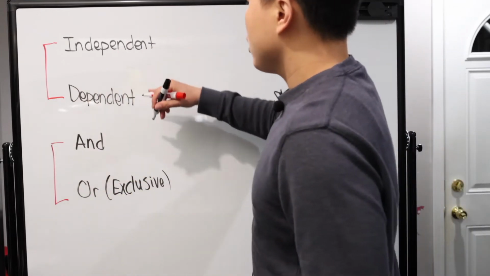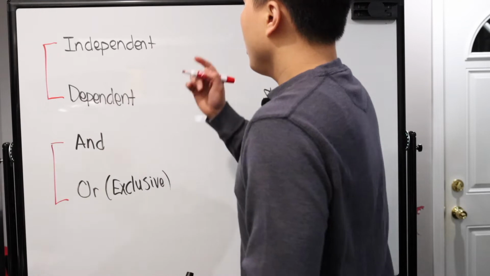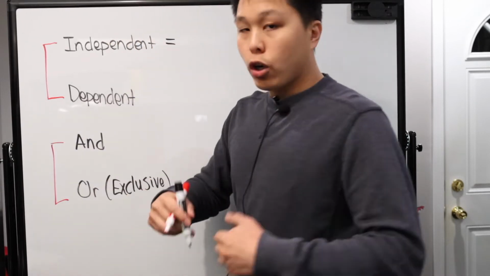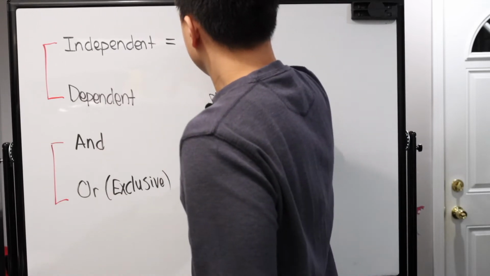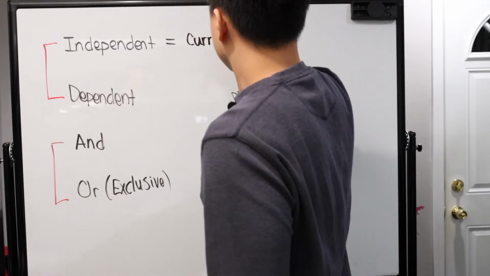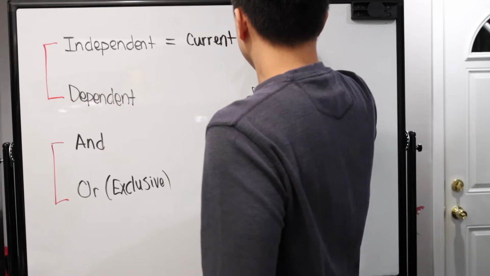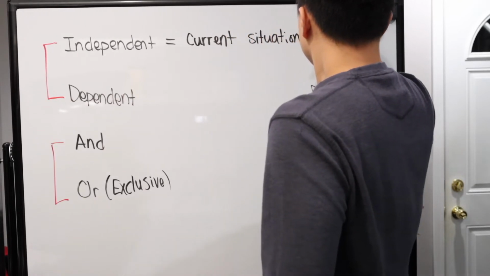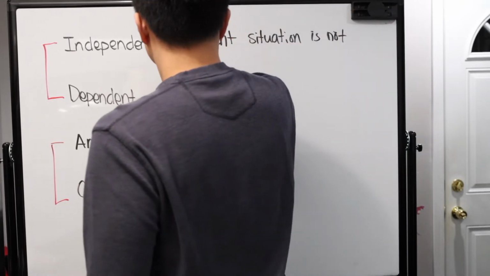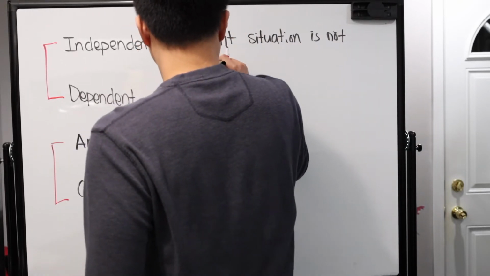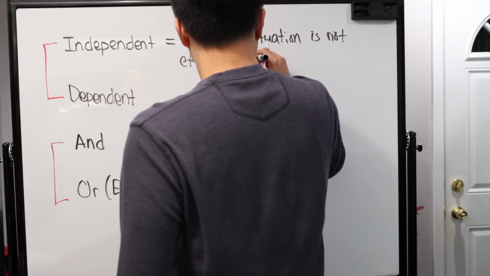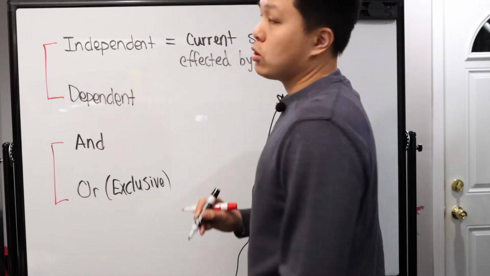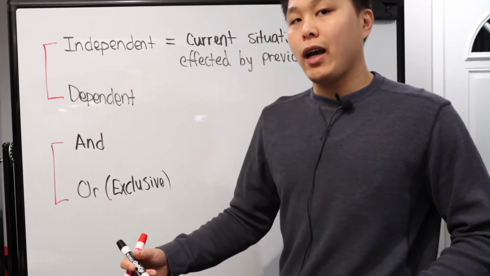So let's differentiate between each of them. Independent in this case means that the current situation, current scenario, whichever word you want to use, is not dependent on, not affected by, the previous situation. Usually it's sequential situations, one that happened after the other.